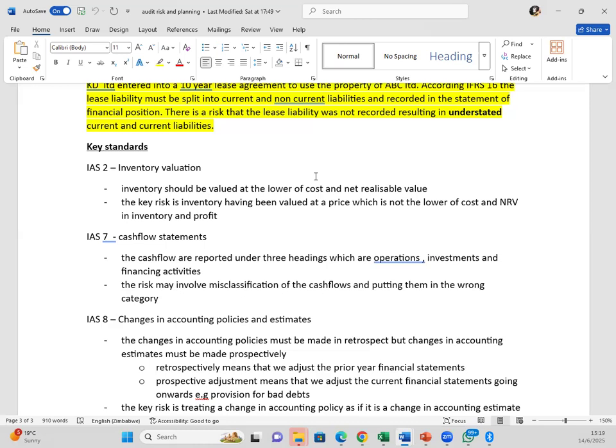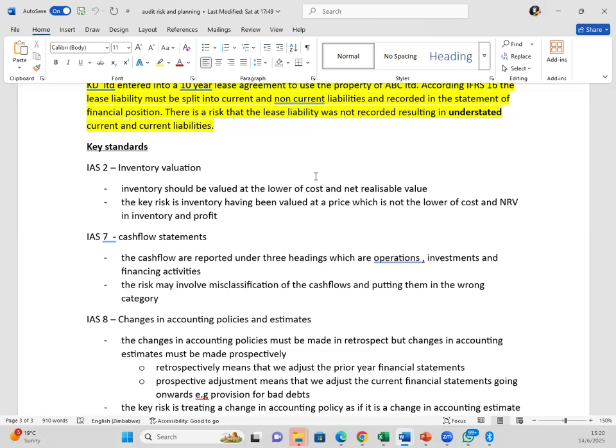We need to classify these cash receipts as either being from operations, from investing, or from financing activities. So the key risk here is a misclassification of the cash flows, maybe where the profit from disposal is treated as an investing activity. That could be a risk if we are preparing the cash flow statement.